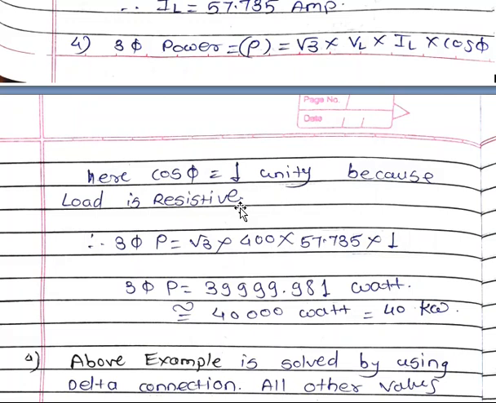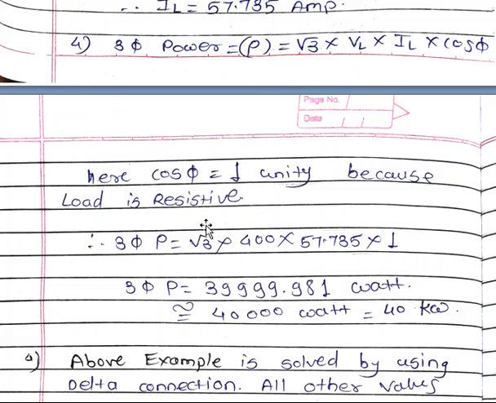In a purely resistive circuit, the power factor is unity and the phase angle is 0, that is, voltage and current are in phase with each other. Therefore three-phase power is root 3 into VL, that is 400, into IL, that is 57.735 ampere, into cos phi, that is power factor unity.